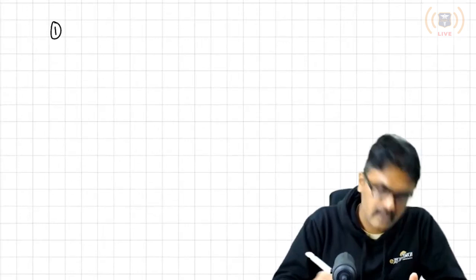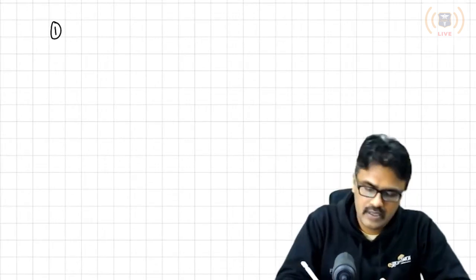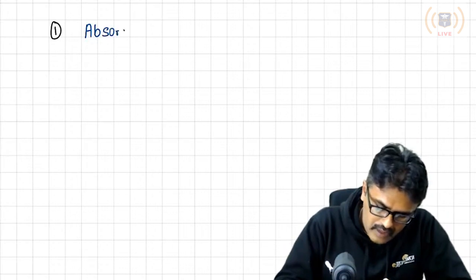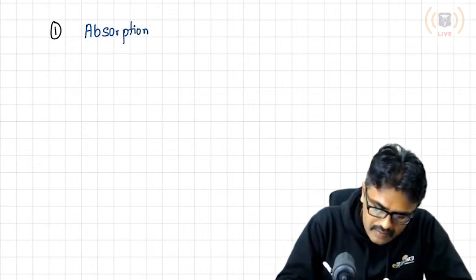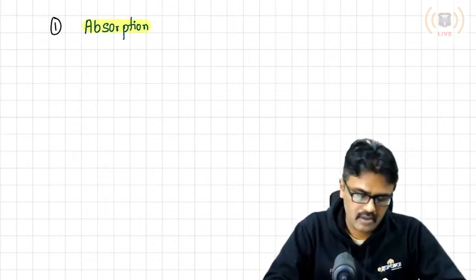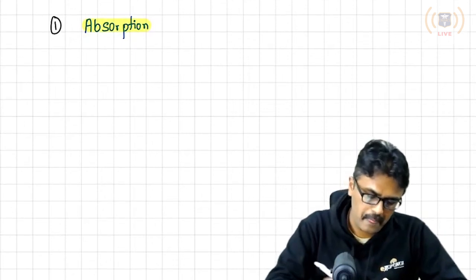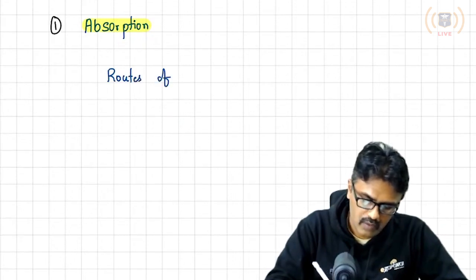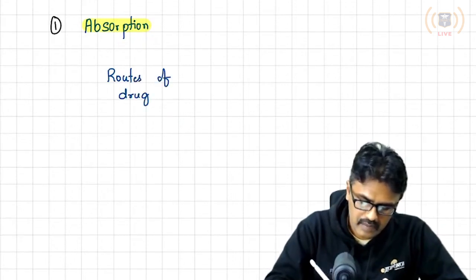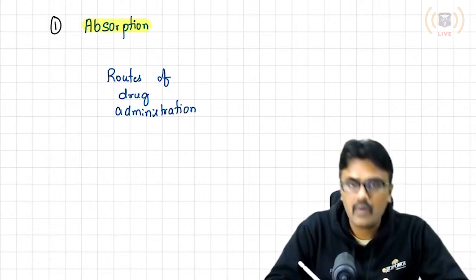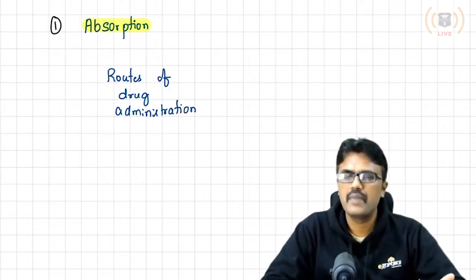The first concept in pharmacokinetics to be understood is absorption. Yes. Now what do you understand by the term absorption? Absorption is simple. Suppose you are giving a drug by various routes of drug administration. We give it by oral, subcutaneous, IV, then transdermal.